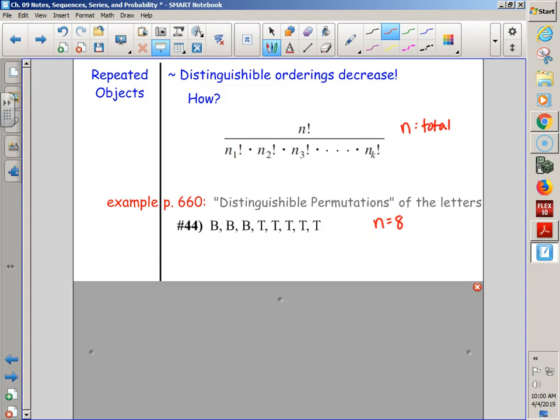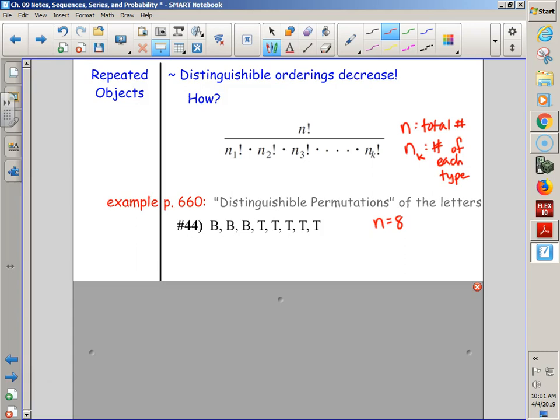Down here, N sub, we could do N sub K because they use this K, which is sometimes 1, sometimes 2, sometimes 3, is the number. So total number versus the number of each type. Of each type. Not type as in letter, because they're all letters.